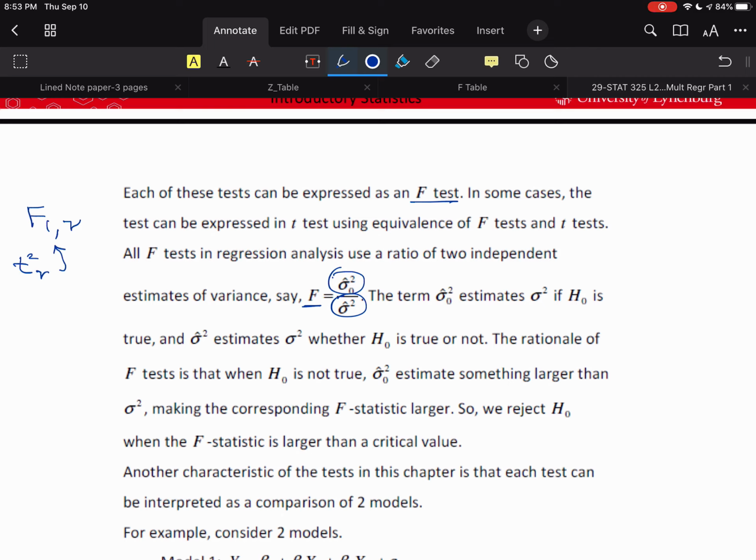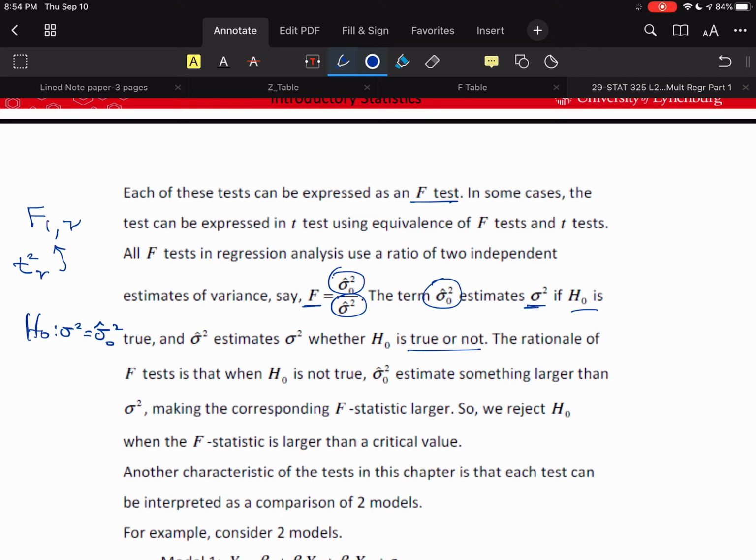And the term sigma naught squared, that's an estimate of sigma squared. And that's true if H naught is true, right? So we're going to say H naught: sigma squared equals sigma naught squared hat, in this case. And it estimates whether it's true or not.